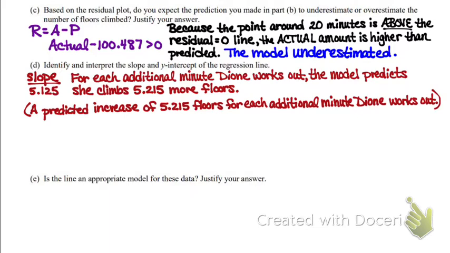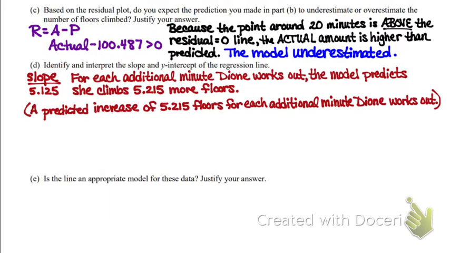Really important when we are interpreting the slope and the y-intercept of a regression equation: we always want to say that it is a predicted increase or a predicted decrease, a predicted starting amount or whatever. Regression lines don't tell us about actual observed values. They always make predictions.